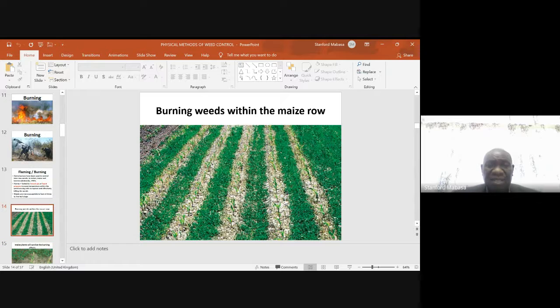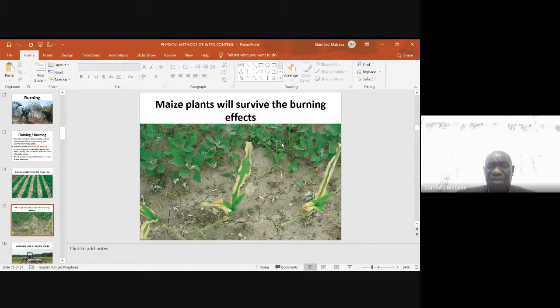Here we've got an example where weeds were burnt near the maize row, or within the maize row. And of course, this can actually burn some maize leaves, but the maize will recover.